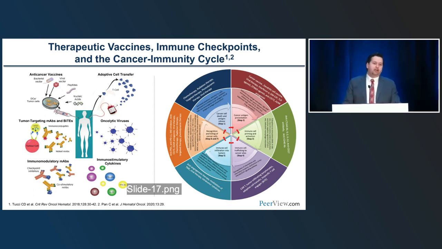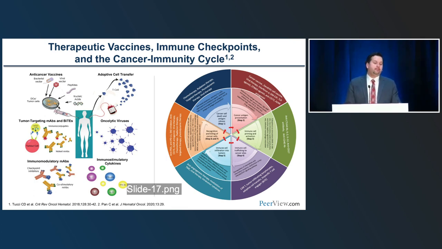And finally, there are not only immunotherapies in the form of antibodies that can modulate cells in the tumor microenvironment. There are a number of other forms of immunotherapy that have been actively developed. And just to mention modalities, within each of these there are a number of options, but we have anti-cancer vaccines, even neoantigen-specific vaccines being developed.